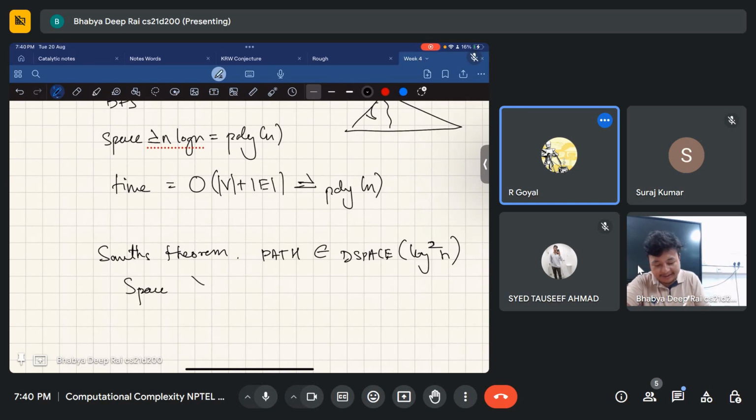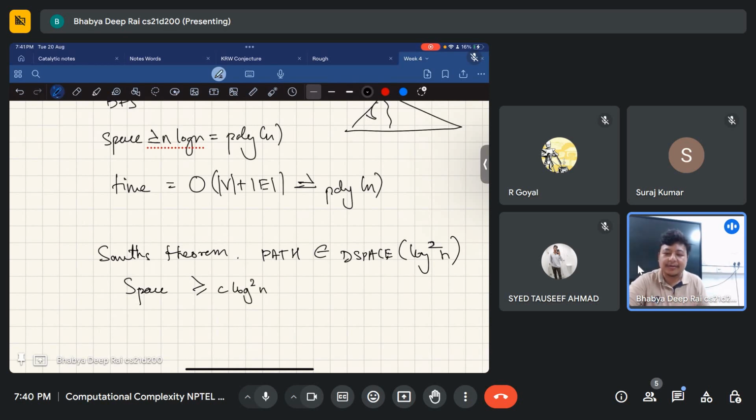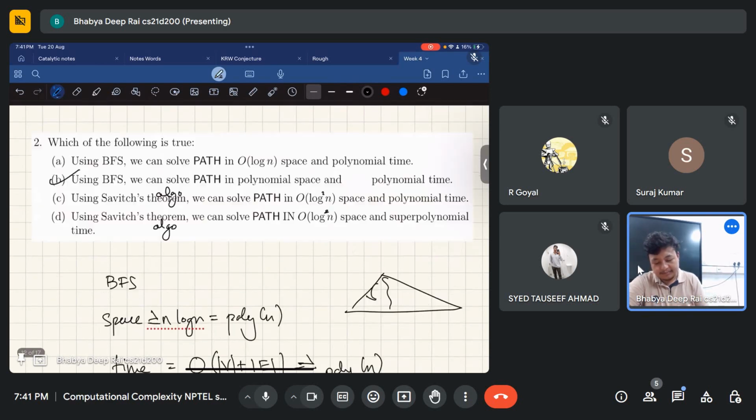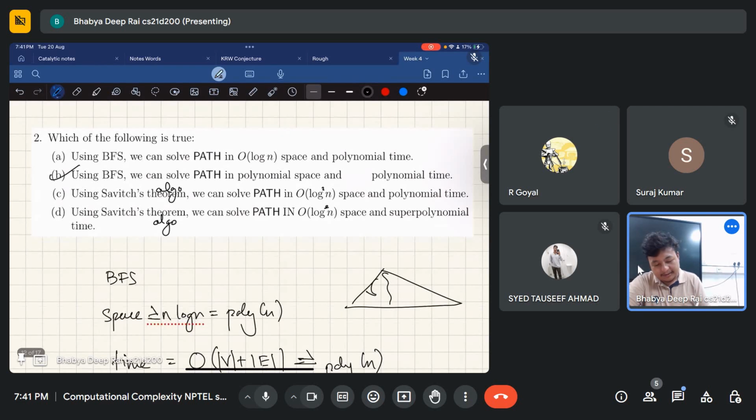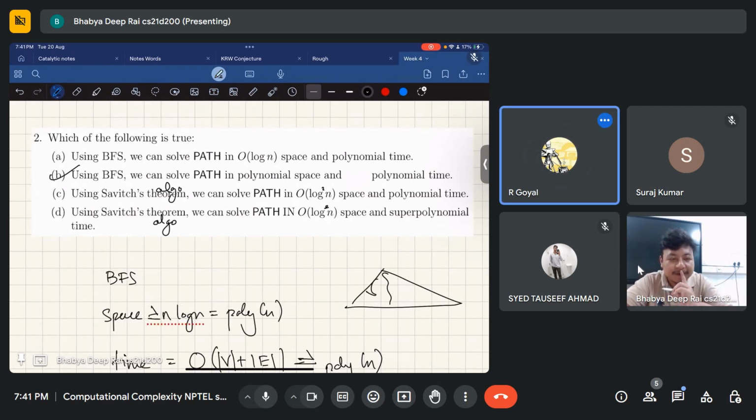Right. Space taken is at most some C log square n. Okay. And how much time does it take? Since the space occupied is log square of n, the time requirement would be 2 raised to the power log square of n.